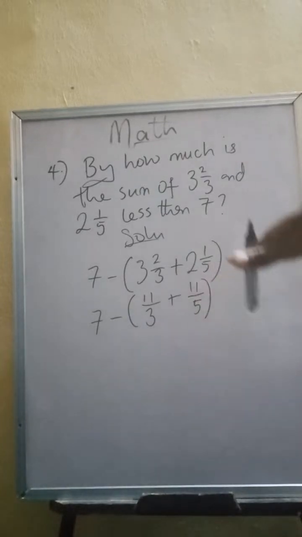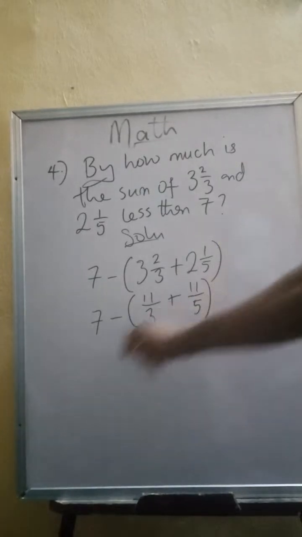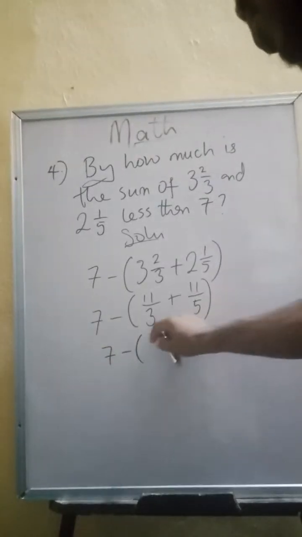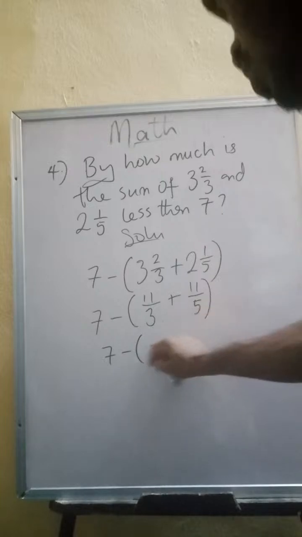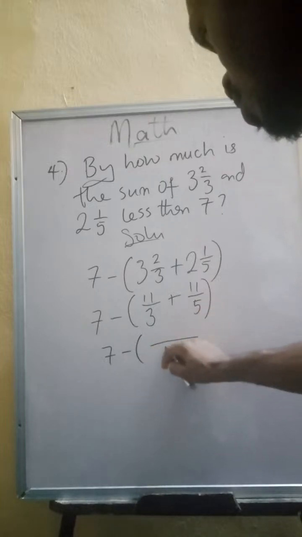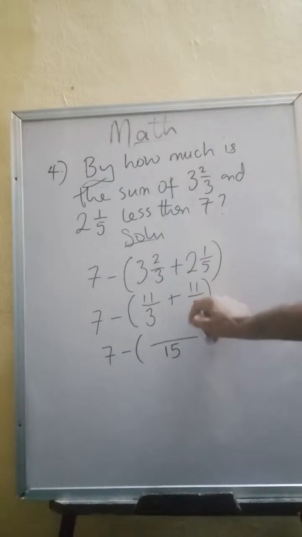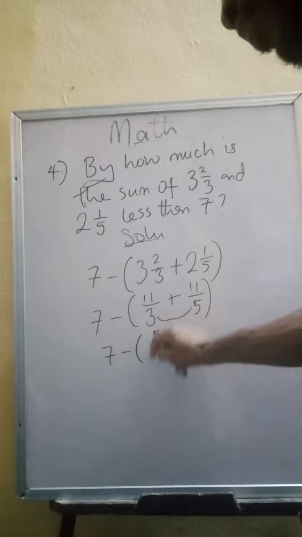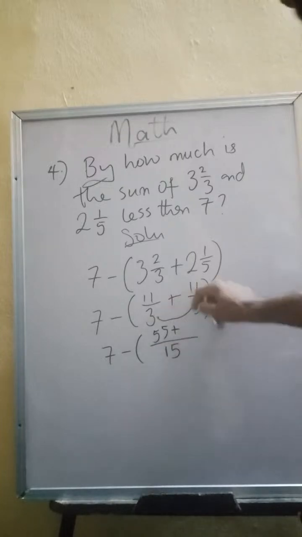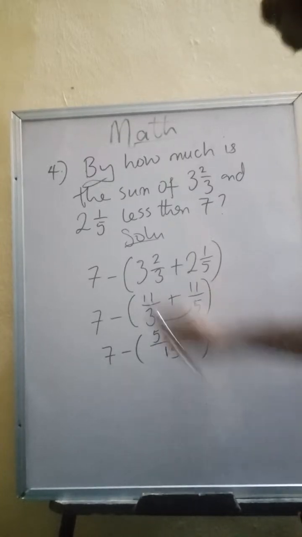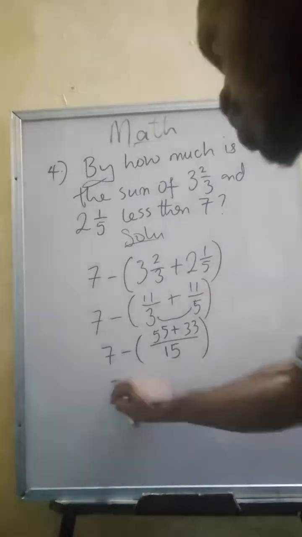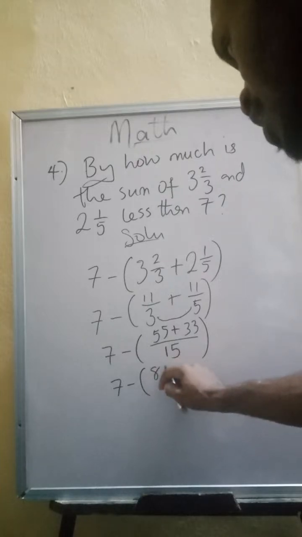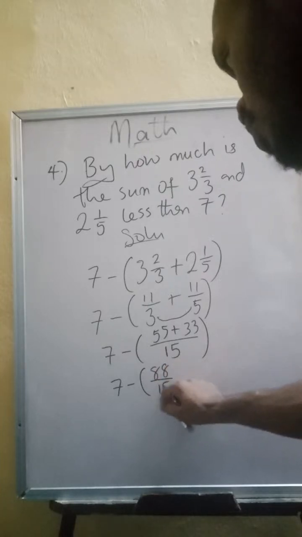Now you want to apply your butterfly method here. That gives you 7 minus the butterfly method gives you 3 times 5, which is 15. Then 5 times 11 gives you 55. 3 times 11 gives you 33. So go further, you have 7 minus, add this up, that gives you 88 over 15.